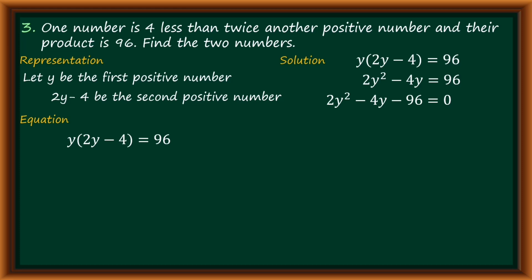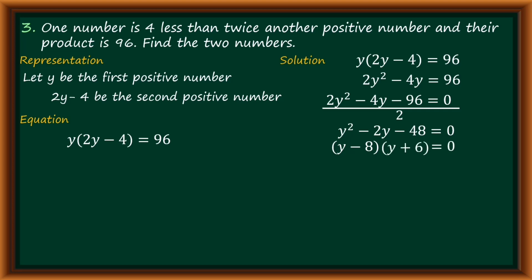Observe that our equation is divisible by 2. So divide the whole equation by 2. So we have y squared minus 2y minus 48 is equal to 0. This equation is factorable. So let us write this as a factor of the quantity y minus 8 times the quantity y plus 6 is equal to 0.